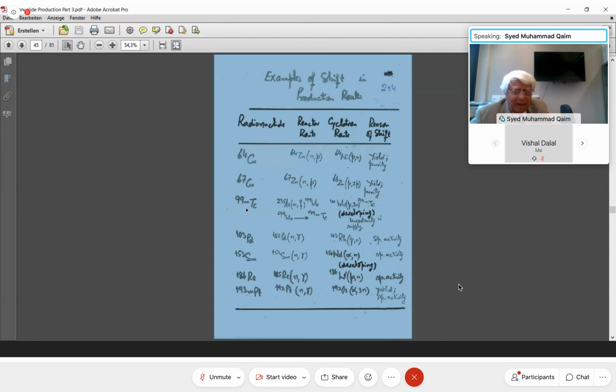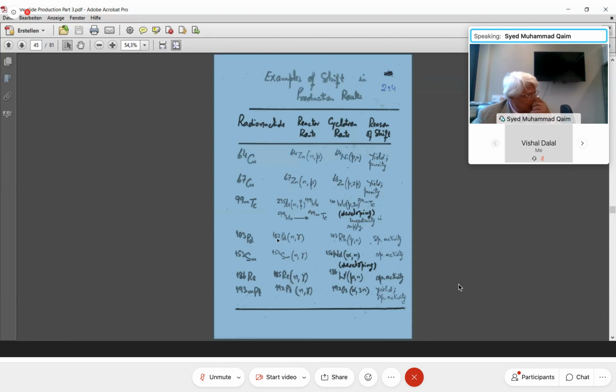Another example, technetium-99m. This I will go into in detail, but here it is simply listed. Fission, molybdenum, and from there coming to technetium-99m. Why is this so? The (p,2n) reaction on molybdenum-100 is developing because of the uncertainty in supply. Because of that, one is looking for cyclotron production. Palladium-103, a very important therapeutic radionuclide, was produced via (n,gamma).